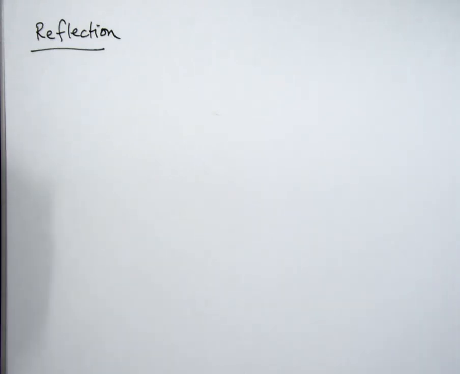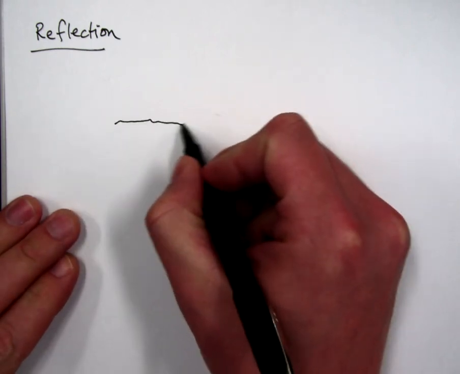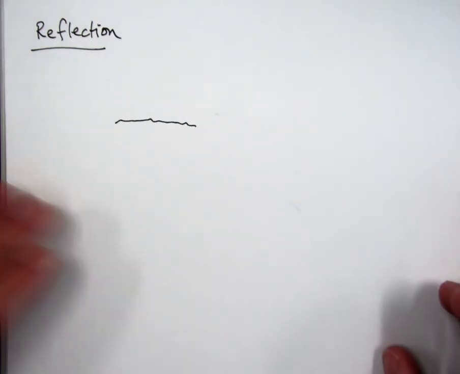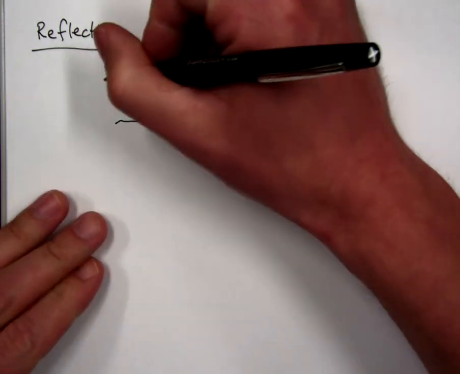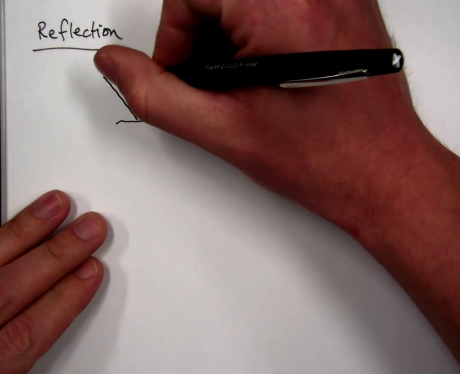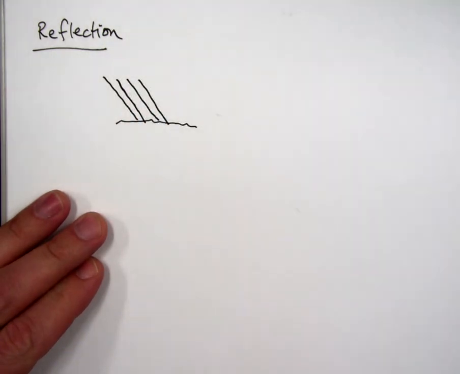Okay, I'd like to give a brief introduction to reflection here at the beginning of our light unit. To begin with, imagine a rough surface. This rough surface could be a painted wall or a brick wall or something. And imagine parallel rays of light coming in, striking this surface.